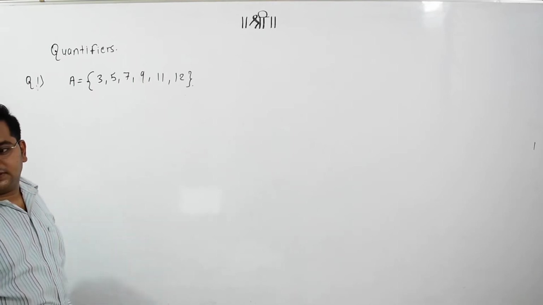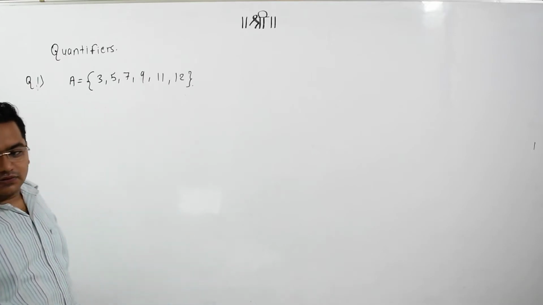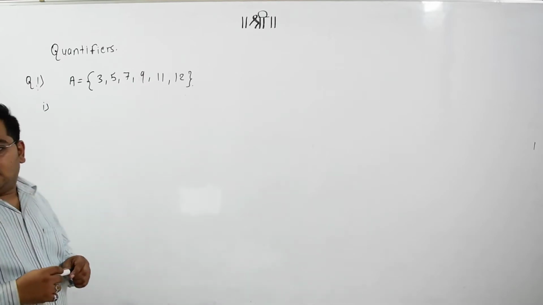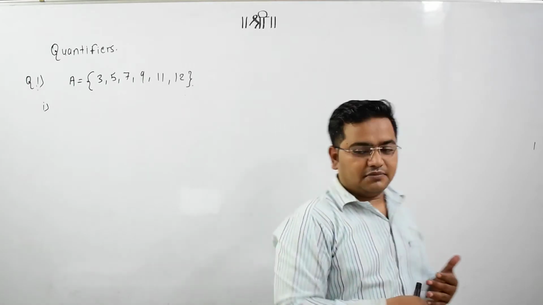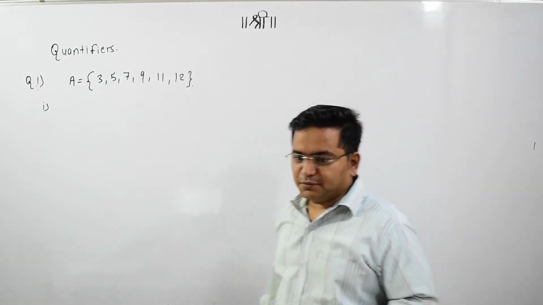So the first question says, for x, there exists x. So the first question is what? They are asking us to determine the truth value of the given statements below. Okay, so the given statements are there. So the first statement is what?